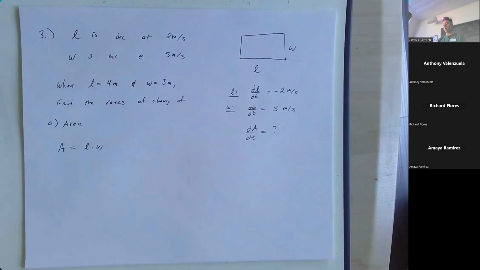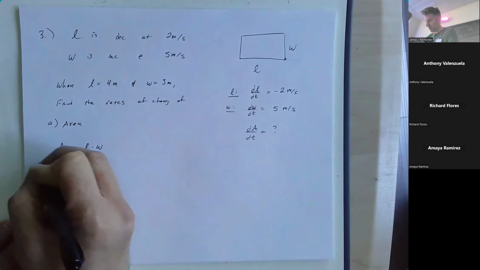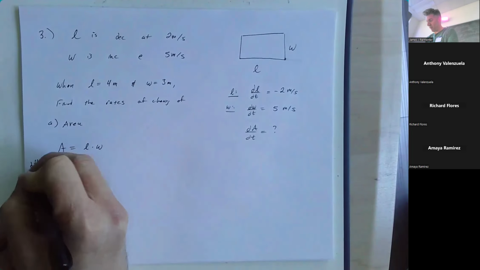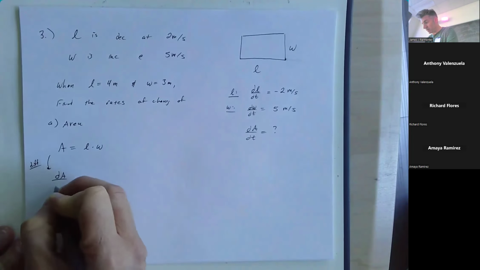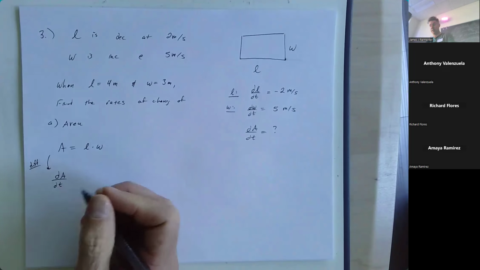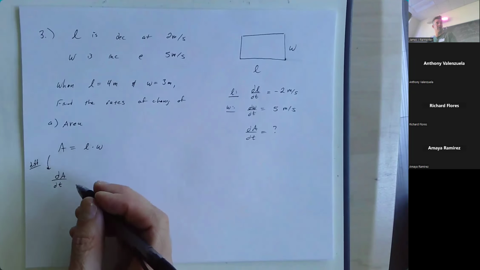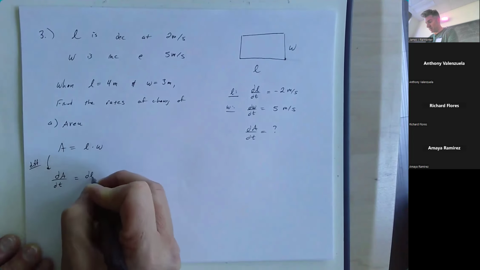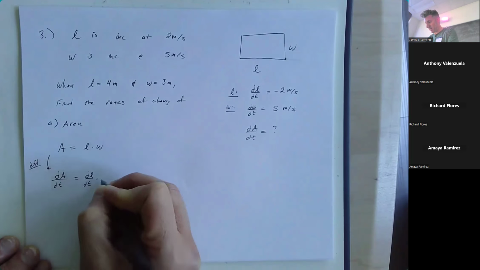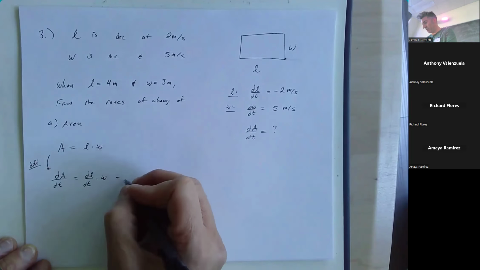And then we differentiate both sides. The derivative of area is dA/dt because we're differentiating with respect to time. The derivative of the product, L times W, is the derivative of L, dL/dt, times W left alone, plus now we switch it. We leave L alone.